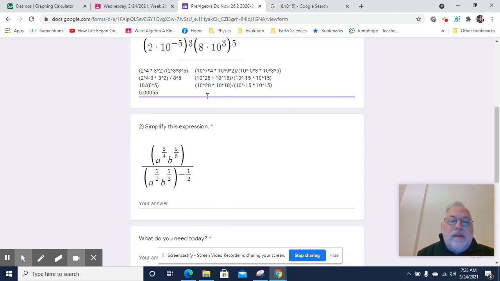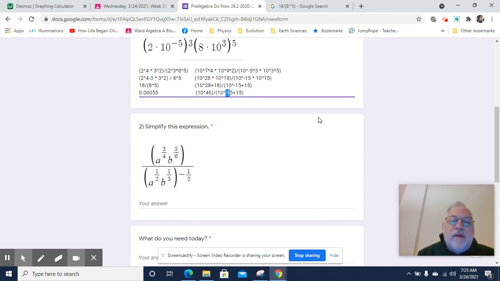Okay, now I'm going to copy and paste that into the next row. This is going to become 10 to the 28 plus 18, and this is going to become 10 to the negative 15 plus 15, which is just going to be 0. So up here is going to become 10 to the 46, since 28 plus 18 is 46.